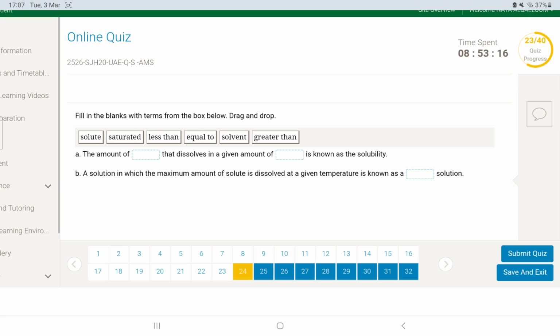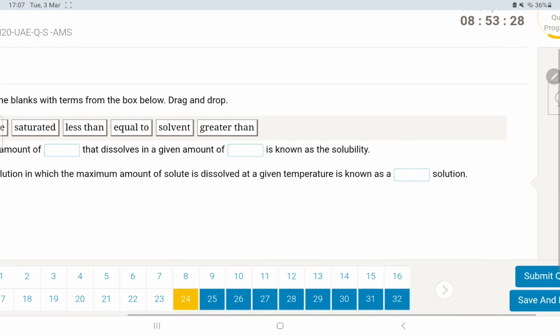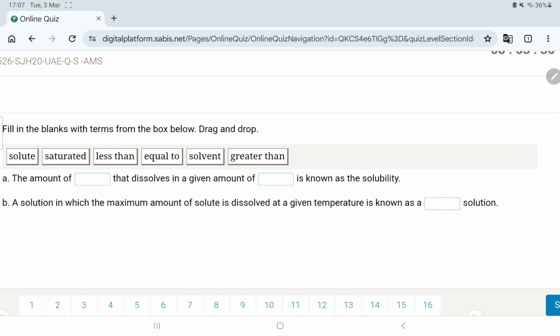Let's see. The amount of blank that dissolves in a given amount of something is known as solubility. A solution in which the maximum amount of solute is dissolved. Okay, let's see this. The amount of blank that dissolves in a given amount of blank, guys.